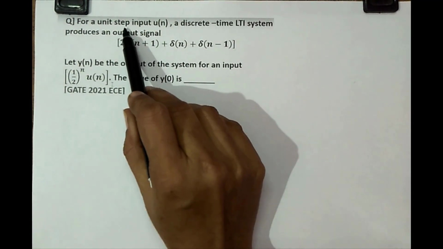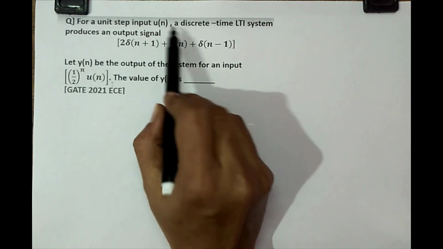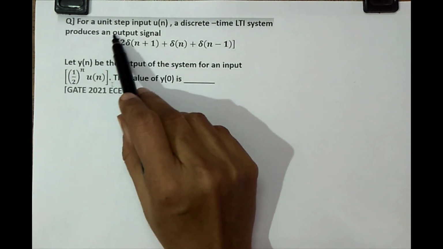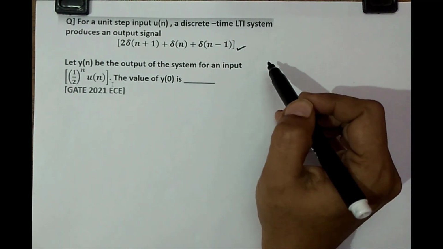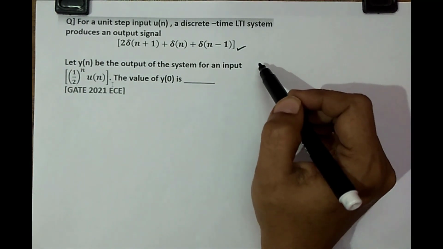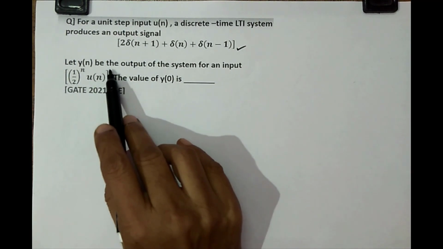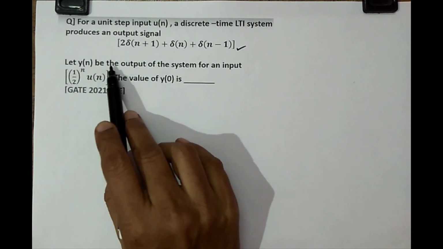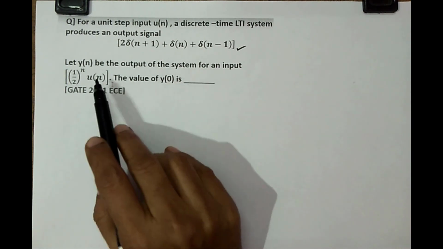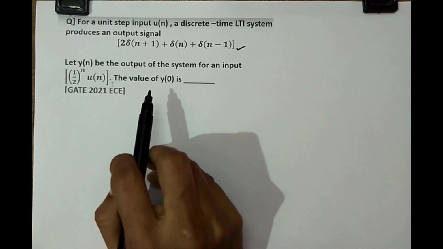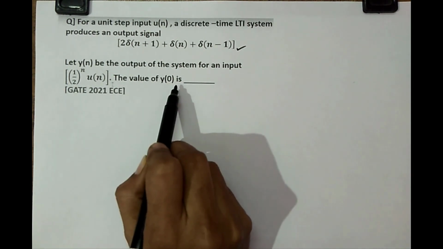First part is, for a unit step input u of n, a discrete time LTI system produces an output signal of this. Then, for the same system, let y of n be the output of the system for an input of this. Then, what is the value of y of 0?